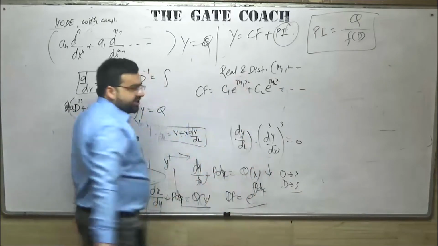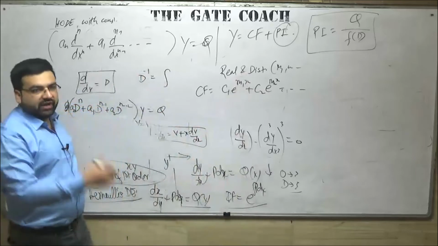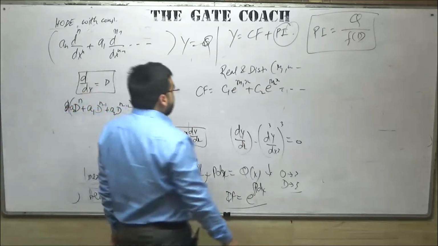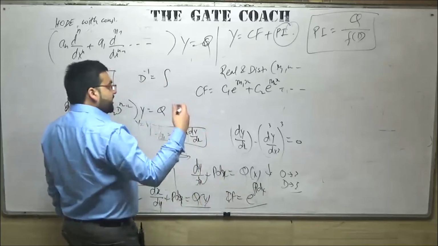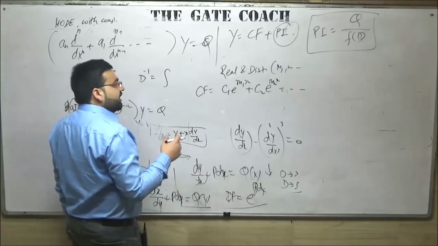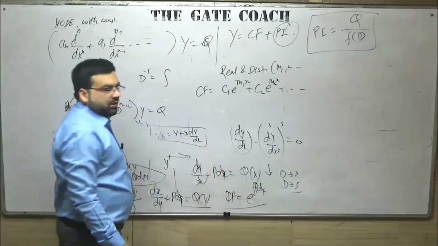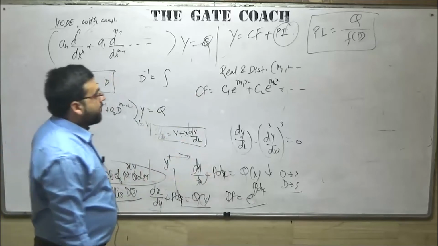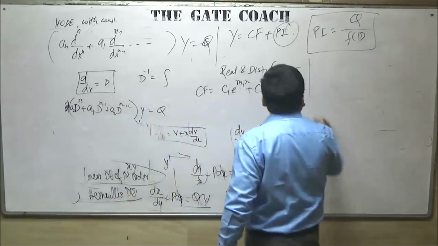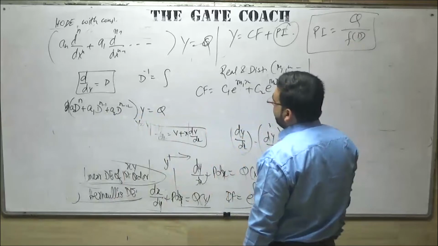If the roots are imaginary, then also we discussed how to get the roots. If the roots are irrational, then also we know how to get the roots. The only problem that you were facing was in the particular integral.